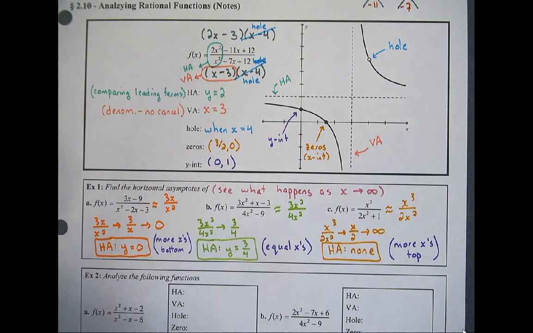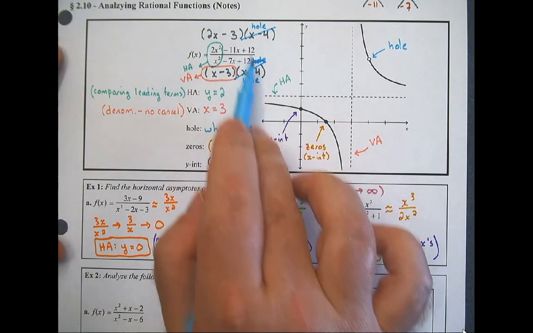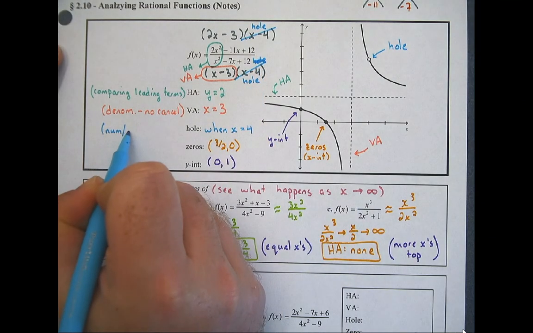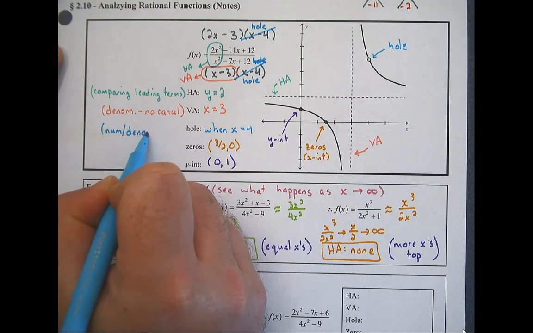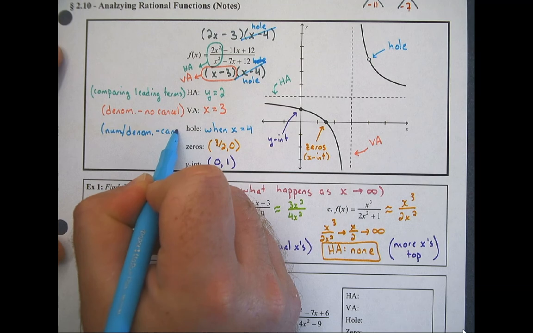When did we have a hole? What created a hole in our picture? That's when we had it in the numerator and denominator. You had to have the same factor in the top and the bottom. In other words, what had to happen to them? They had to cancel.